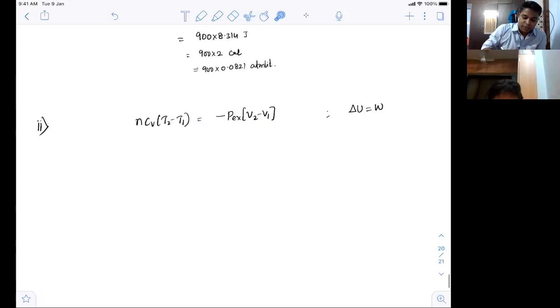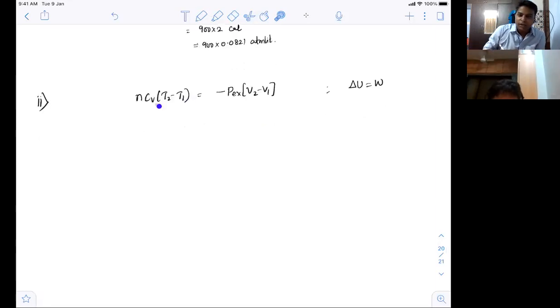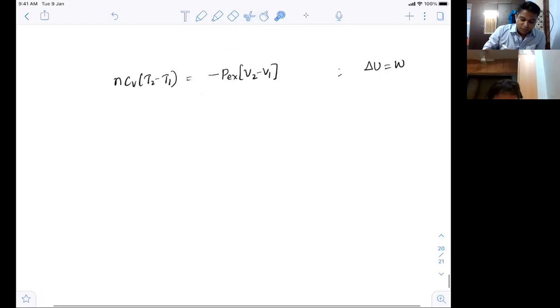So first I need to calculate T2. Once you get T2, you can get work done. That is easy. So using this equation only, we'll try to find out T2. See, n into Cv (T2 minus T1) is equal to minus P external. One thing you know is that final pressure will always be equal to external pressure.